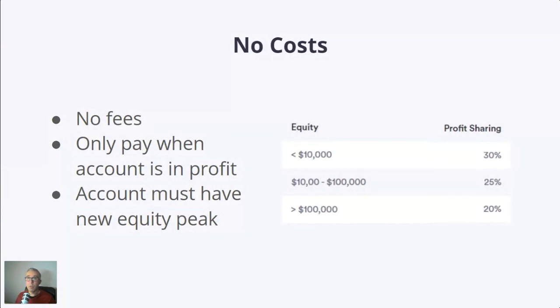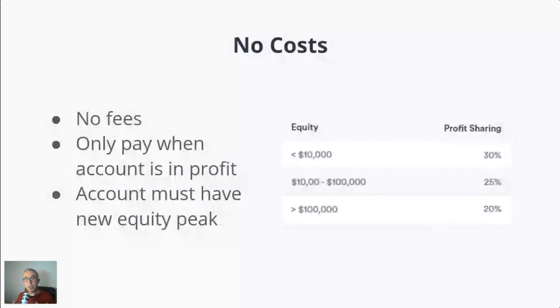So for a small period of time, we are going to have no restrictions. That's not going to be forever, to be honest, because there is a lot of work and it's not worth it for us. But we wanted to have no restrictions, so that everyone feels comfortable. So basically, we didn't want to have any fees or costs. And that's why we started to work with this profit sharing module.